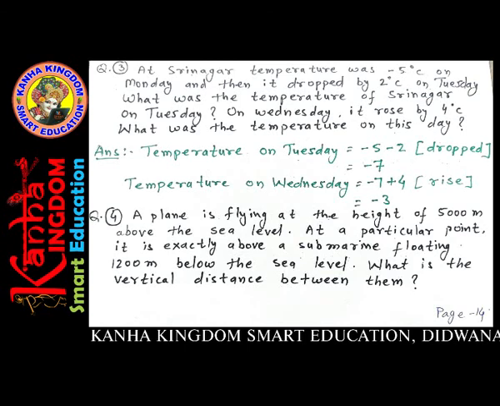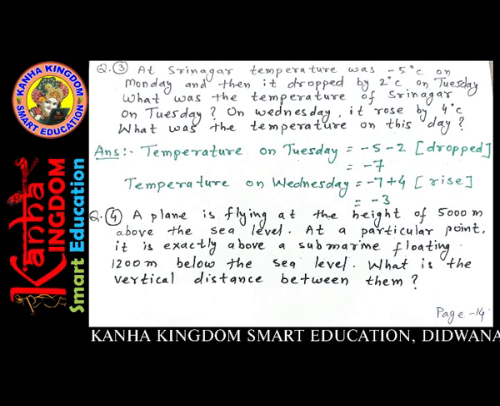Fourth question is, a plane is flying at a height of 5,000 meters above sea level. At a particular point, it is exactly above a submarine floating 1200 meters below sea level.